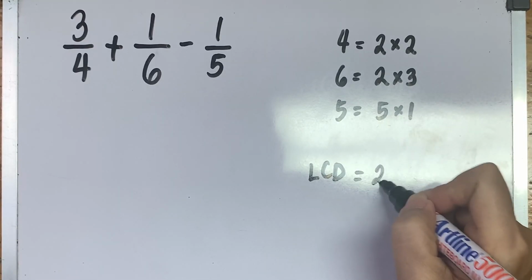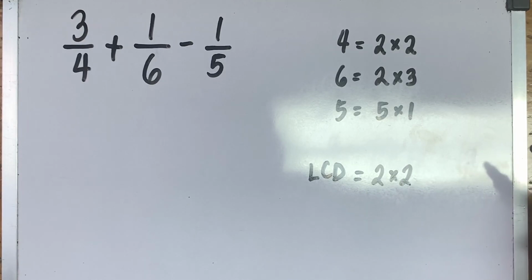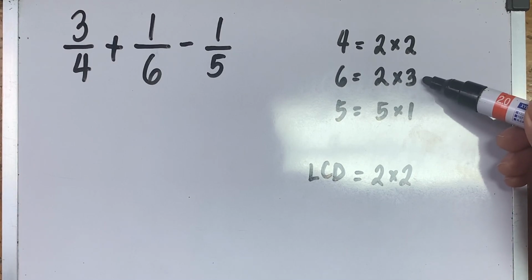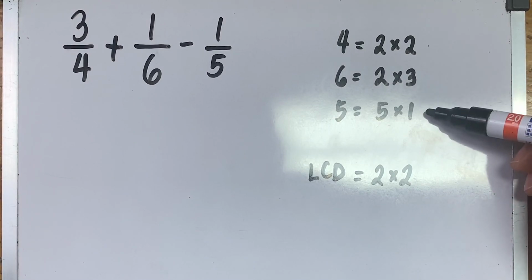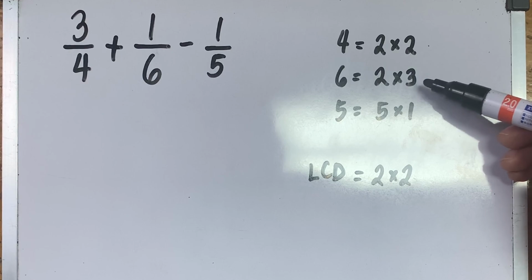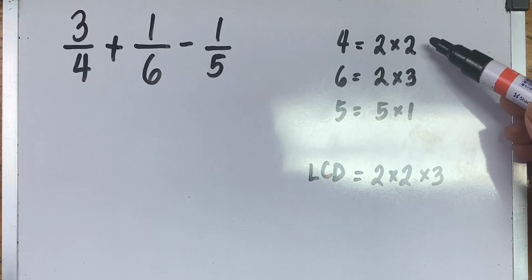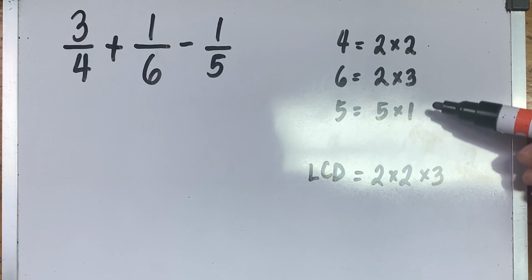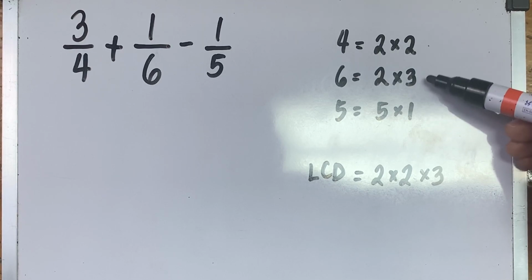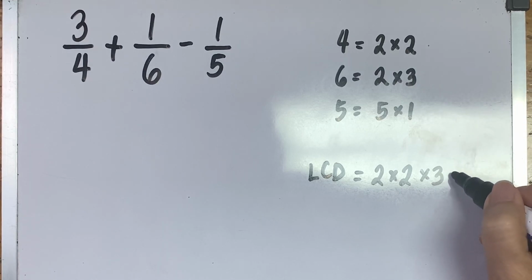So we have 2 times 2. Next, we get the number 3. 3 appeared once here, but not on these two numbers. So we also get 3 as part of our LCD. And then next, 5. 5 appeared only once here, but not on these two numbers. So we get 5 as part of our LCD.